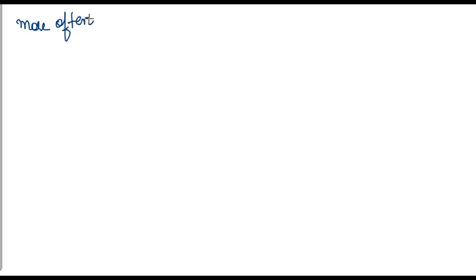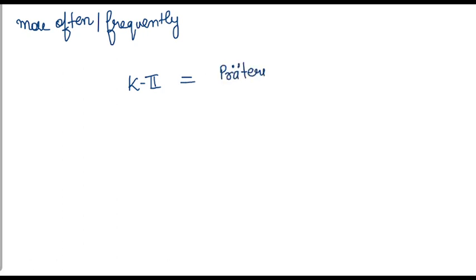Obviously, one thing is that German is a language of exceptions. So that's why I'm saying more often or frequently, the Konjunktiv II form is the same as your Präteritum form with umlaut.